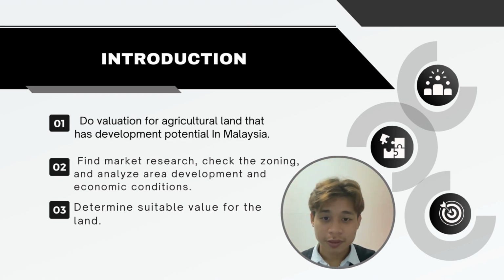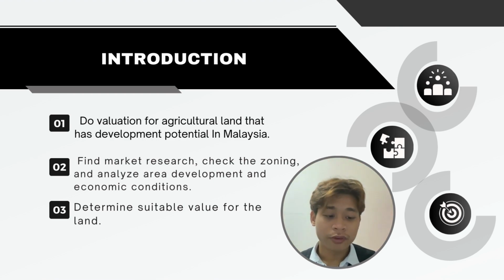For the introduction, first and foremost, we do valuation for agricultural land that has development potential in Malaysia. After we find our land subject, we do market research, check the zoning, and analyze area development and economic condition. We do this to identify the safety and security in that area, such as the crime rates and the safety of the place that is suitable for residential and doing business.